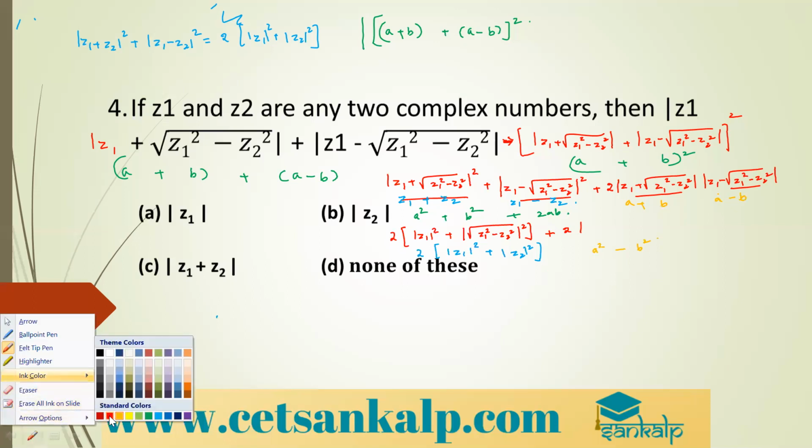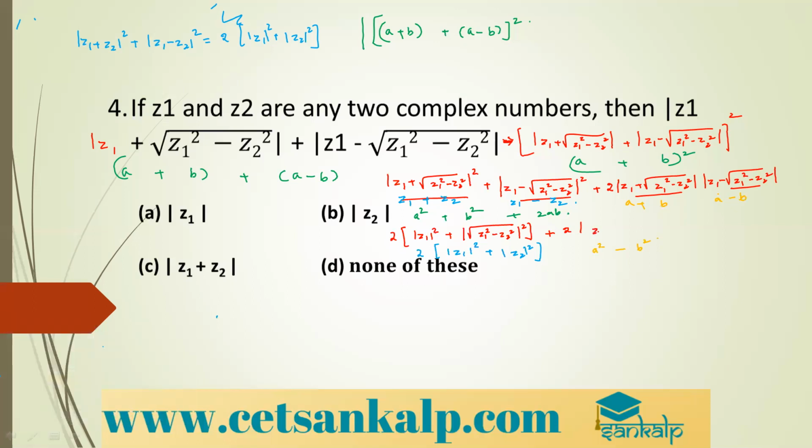So when I use that formula, A square means Z1 square minus B square. This will be squared, so square root will go and minus is there. So the signs will change. Z1 square will become minus, Z2 square will become plus. So these two will cancel.